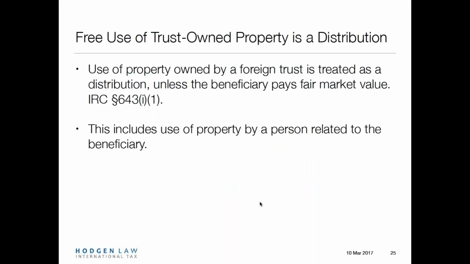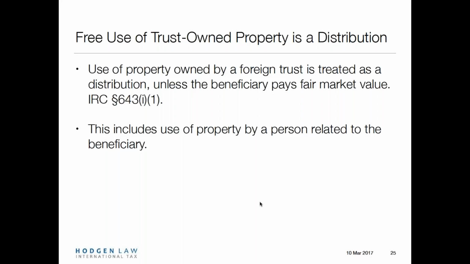Third one, free use of trust-owned property is a distribution. The classic situation that we see in our practice is a foreign non-grantor trust owns a condo in Vail, let's say. Beneficiaries come to Colorado. They go stay in the condo in Vail for a week of skiing. They don't pay any rent. They leave.